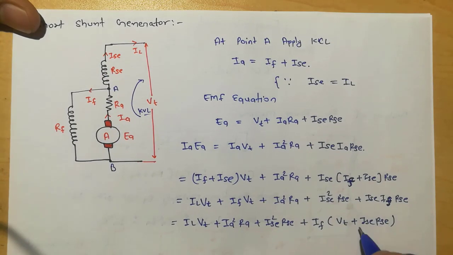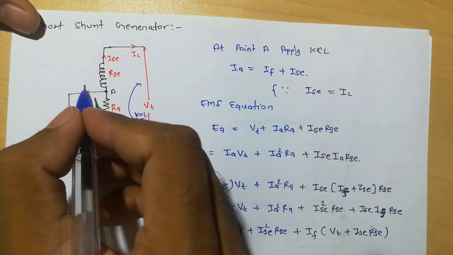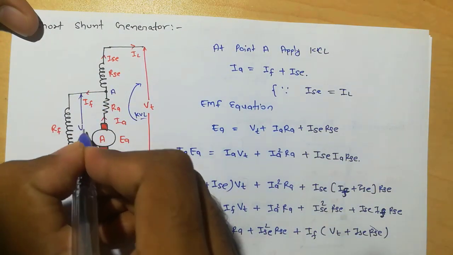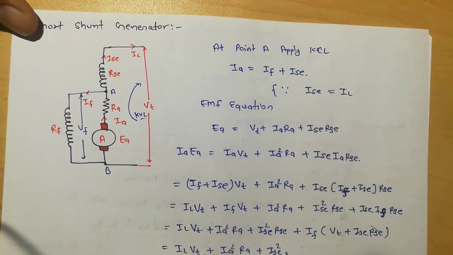Okay, so this is our shunt field winding drop, which is denoted by Vf. Now we have IL Vt plus Ia square Ra plus Ise square Rse plus If Vf.